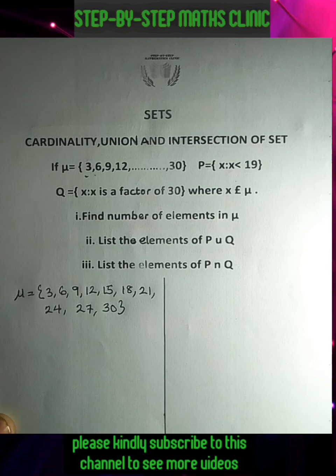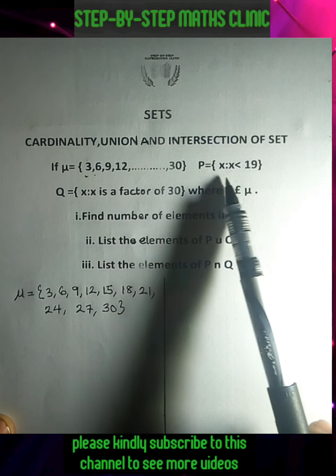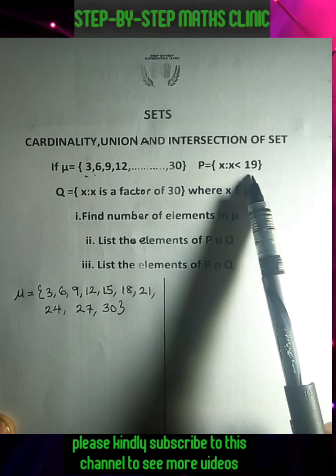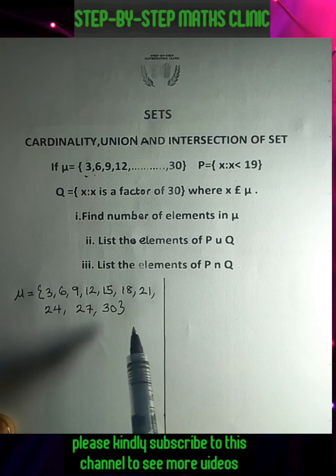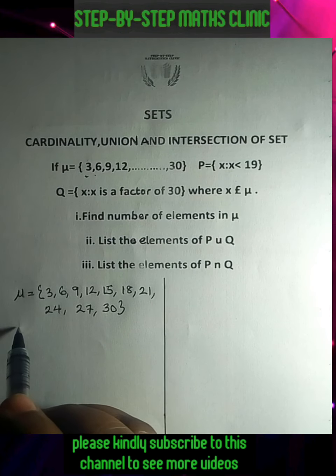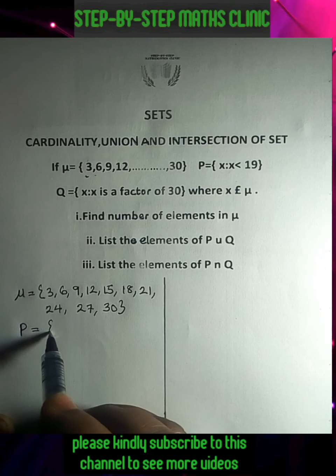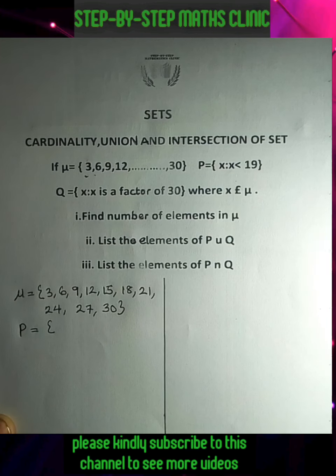Now when you look at set P, all the elements are less than 19, but they must be within the range of 3 to 30. So the elements of set P include 3, 6, 9, 12, 15, and 18, since they must be less than 19.